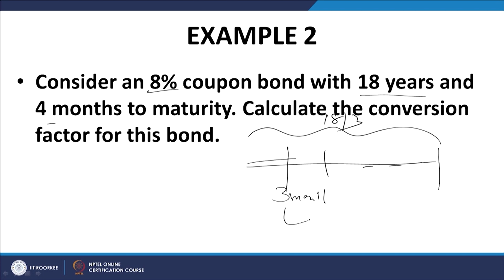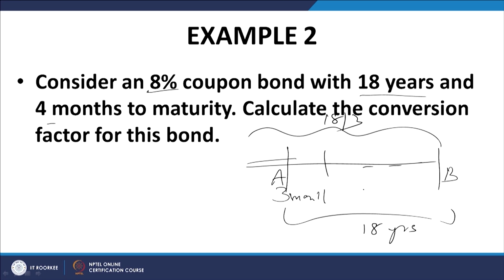So, this remaining period is 18 years. So, as far as this period AB is concerned, it works out to 18 years, and we start with a coupon payment at the beginning of this period of 18 years, and thereafter we have 6 monthly coupons of 4 rupees or $4 each.